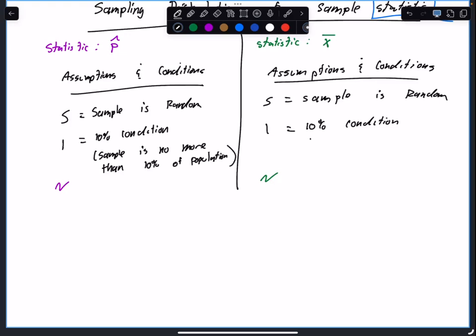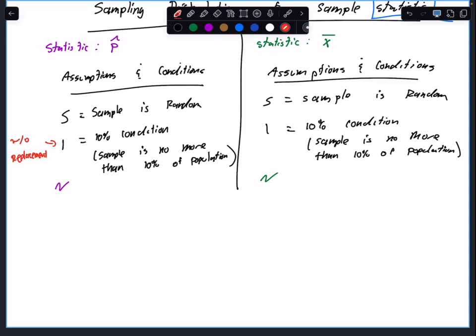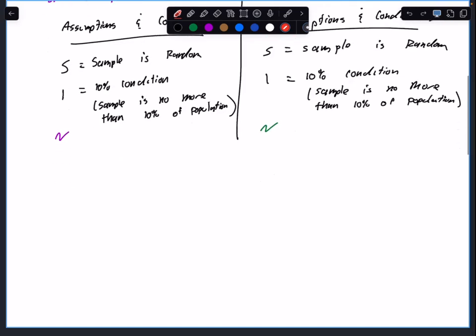So once again, the same thing here, that the sample is no more than 10% of the population. Now, this happens when we are sampling without replacement. So I do want to note that this condition is without replacement. I'll update that right below.